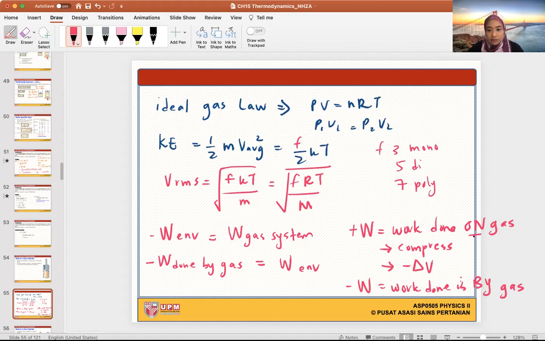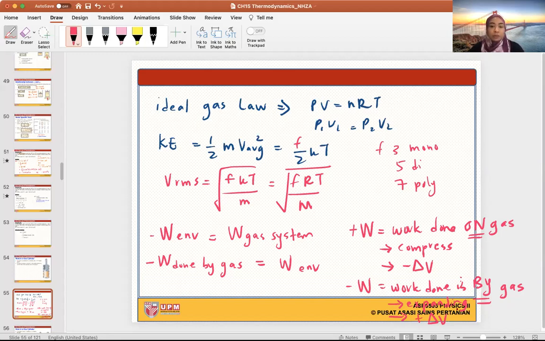Tadi on, this is on. Now it's by. So now it's expanding. Alah, tak nampak. Expanding, and the change in volume should be positive. If the gas is losing work energy, that means the work energy goes to the environment. Okay, memang energy cannot be destroyed, right?